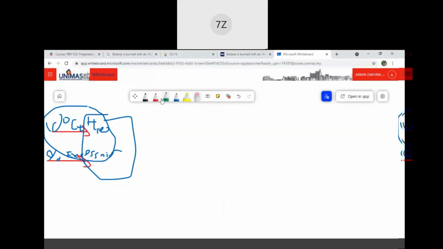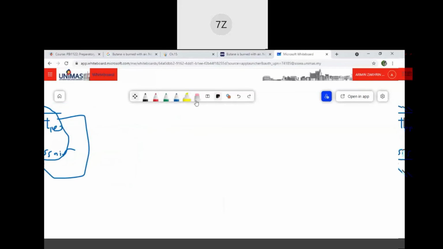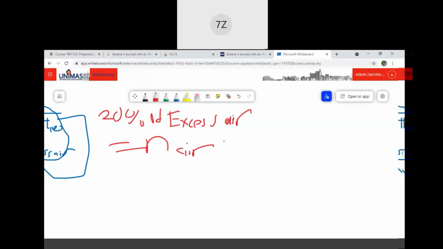So we need to find the excess air for 20%. 20% excess air is equal to number of mole of air times 1.2.